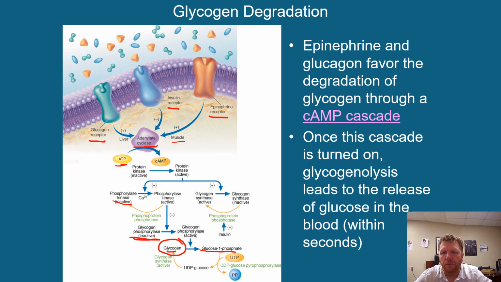So there's all these different factors at play. I think that one way that you can kind of look at it is insulin is going to encourage glycogen synthesis, whereas glucagon and epinephrine are going to encourage breakdown. Now, once this cascade is turned on, glycogenolysis leads to the release of glucose in the blood, and that's going to happen very, very rapidly.